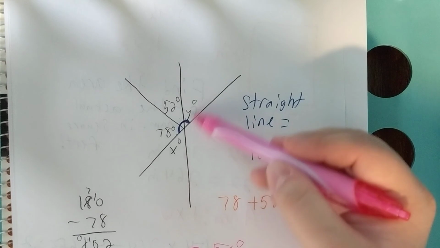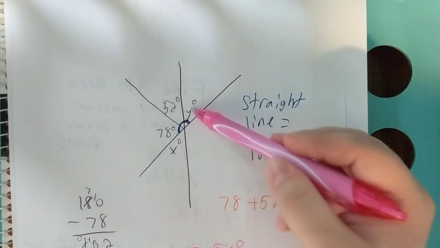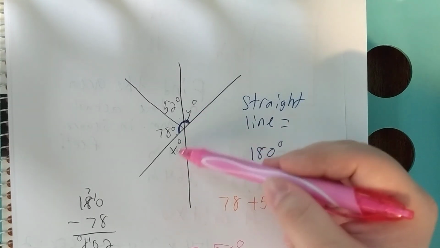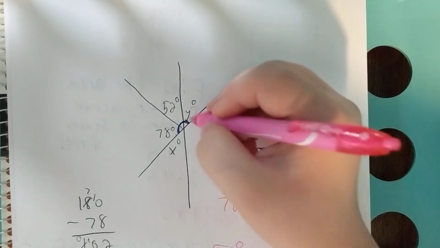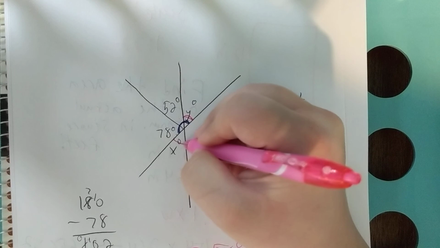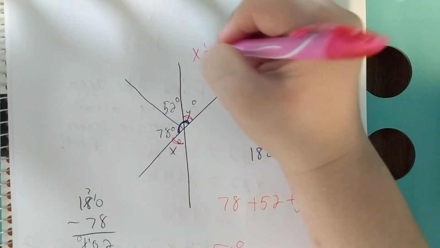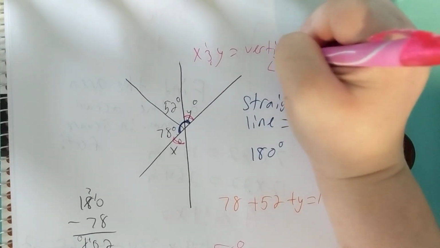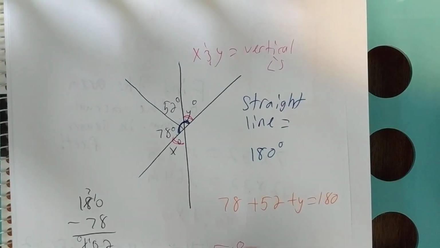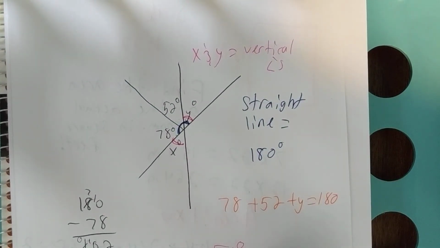And do you know what the relationship between x and y is? It's one we already saw before. They're opposite. So that tells me they are vertical angles. So x and y, vertical angles. Okay, so that tells me they're going to be the exact same thing.